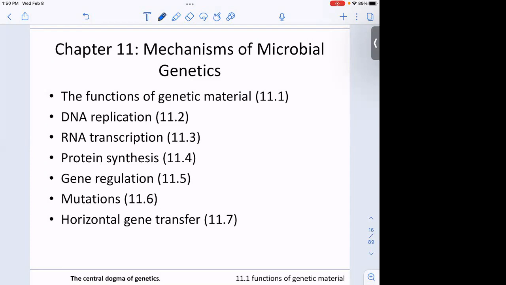Looking to next Monday, we'll likely get into talking about a few operons, gene regulation, why that's important, and then ways that DNA can be changed within a cell by either mutation or some kind of horizontal gene transfer. Right now, I'm thinking that we will finish this material by Monday, most likely, and then next Wednesday's lecture will not be included on the following Monday's exam.